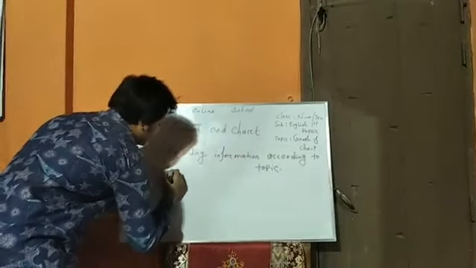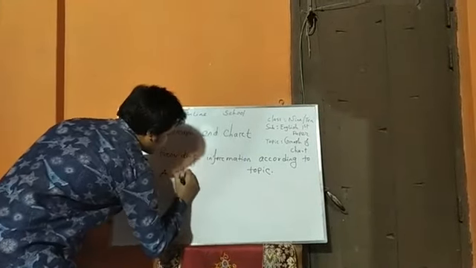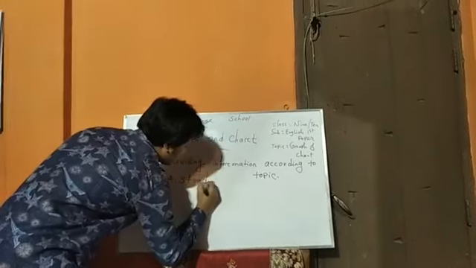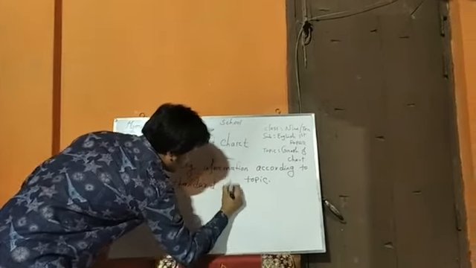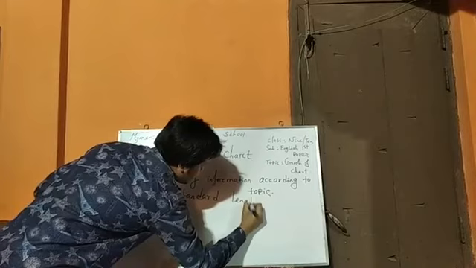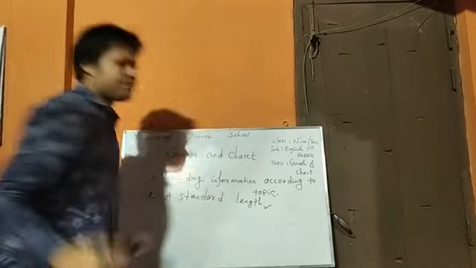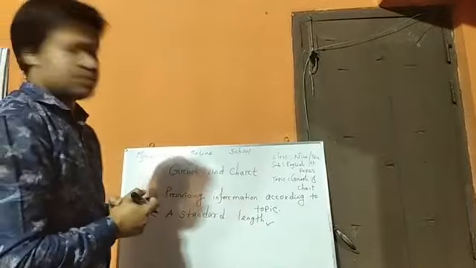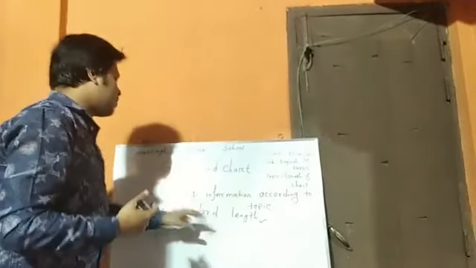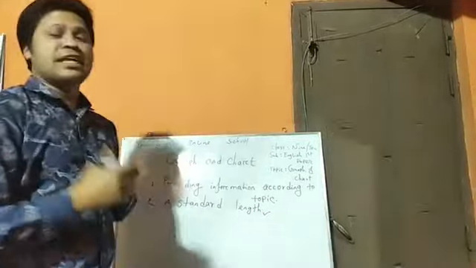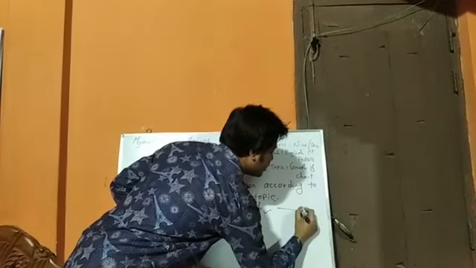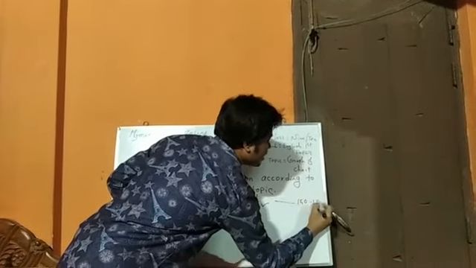Number 2, a standard length. That means the writing you write must be at a standard length. That means a graph and chart must be within 150 to 180 words.